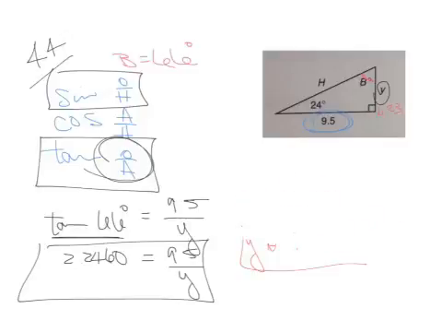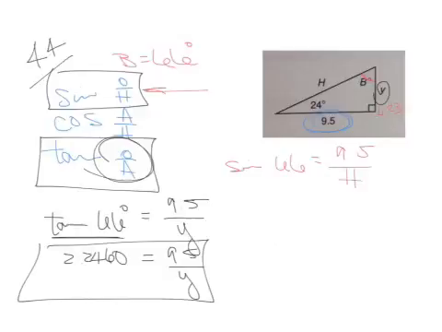So we're estimating there. If we were to use the sine, remember I said we could use the tangent or the sine. I take the sine of 66, and that's going to be opposite over hypotenuse. Alright, so that being the case, we take the sine of 66, and my calculator gives me 0.9135 equals 9.5 over h, and again we switch them around.